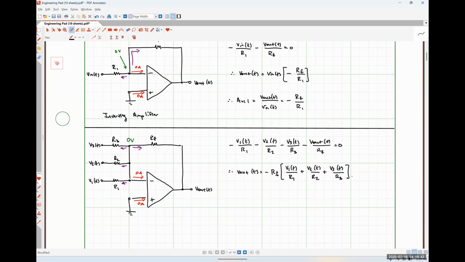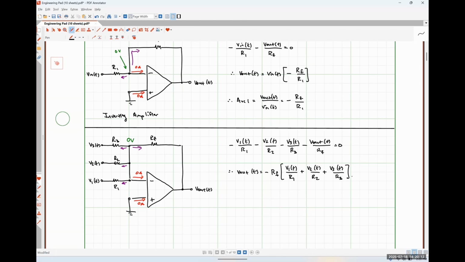So our output voltage is the sum of our input signals divided by those appropriate resistors, and then it's overall multiplied by a factor of RF. So each one of those input signals gets scaled by a different amount, RF divided by the appropriate input resistance, R1, R2, or R3.